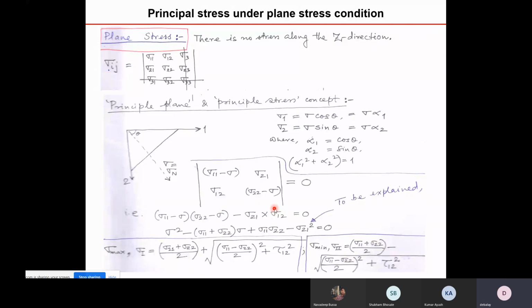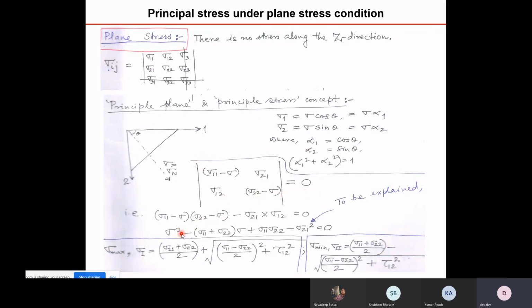After that, we have considered a more simple case, plane stress, where there is no stress acting along the third direction. So there the determinant becomes sigma 1 1 minus sigma, 2 1, 1 2, 2 2 minus sigma equal to 0.